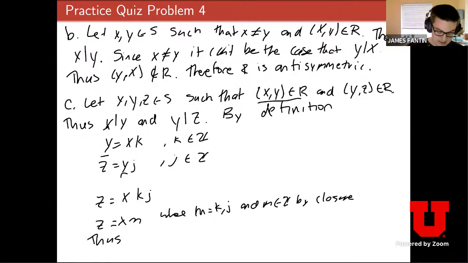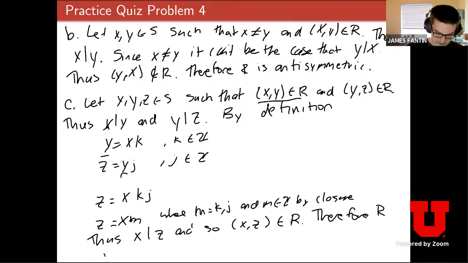So z is equal to x times m, so it's a multiple of some integer. Thus, by definition, x divides z. So we have that x, z is in the relation. Therefore, R is transitive.